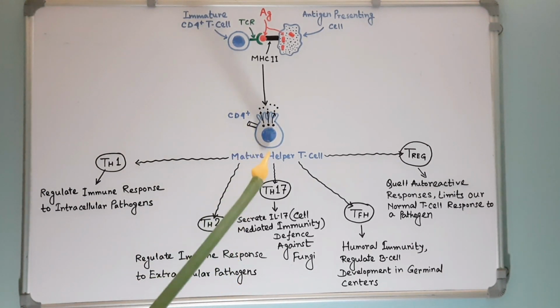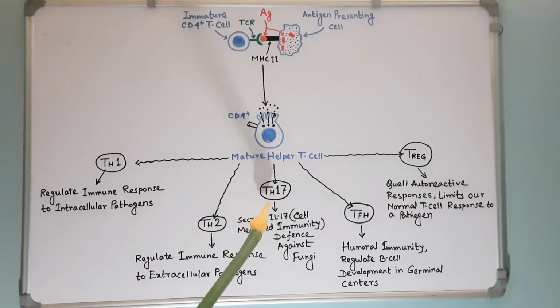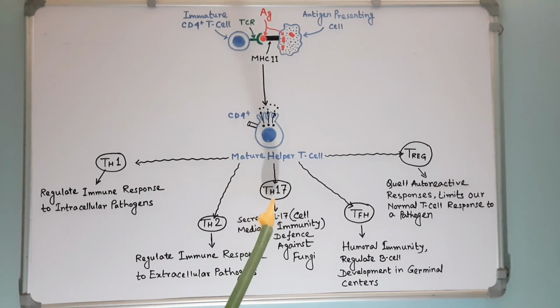When they differentiate into T helper type 17 or Th17 cells, then Th17 cells secrete IL-17, which plays an important role in cell-mediated immunity and may help the defense against fungi.